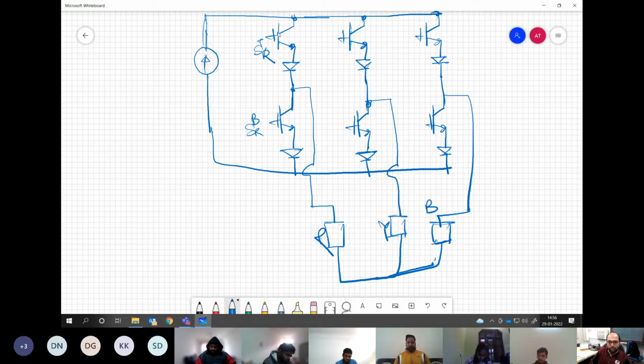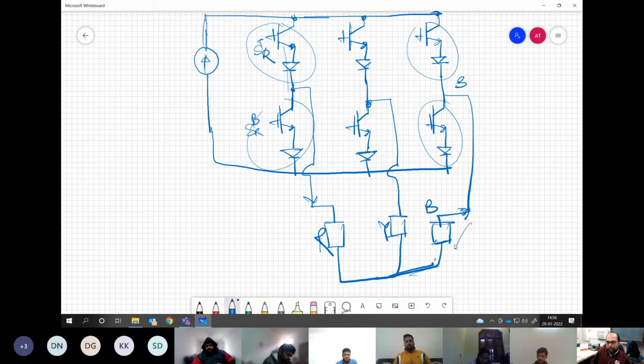If you connect both or turn on both, the current will simply circulate here. And at a time it will pass through two phases. Let's say you connect top over here and bottom over here. So it will enter into the R phase and return through the B phase of the load and then return back to the source. Or if you connect this here and this here, then it will enter from the top of the B phase, go through the B phase in positive direction and return through the R phase, bottom switch, and then here. Understand the point?